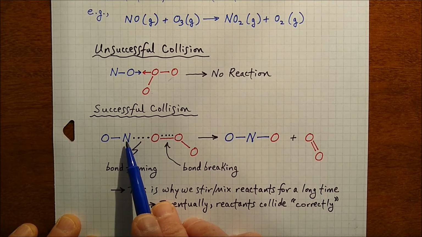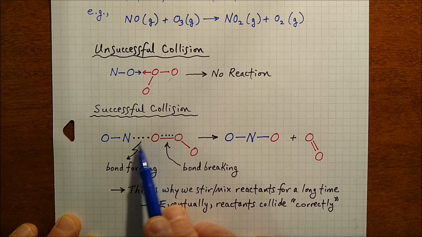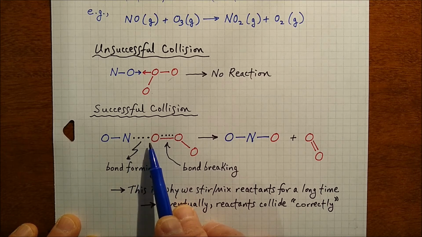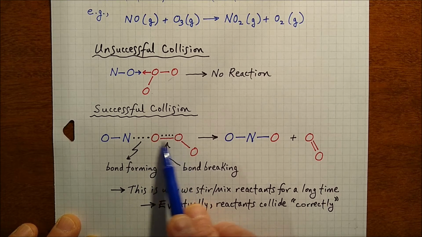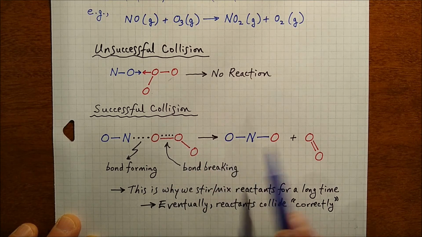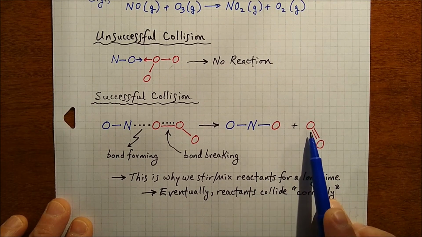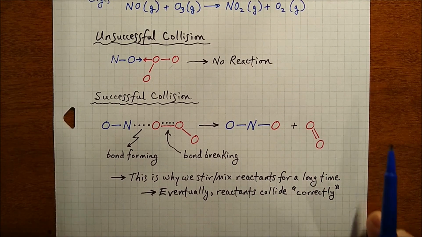So this molecule approaches this one. As their electron clouds overlap, the NO bond forms, and at the same time, this oxygen-oxygen bond breaks, and that is a successful collision, which gives you NO2 plus an oxygen molecule.